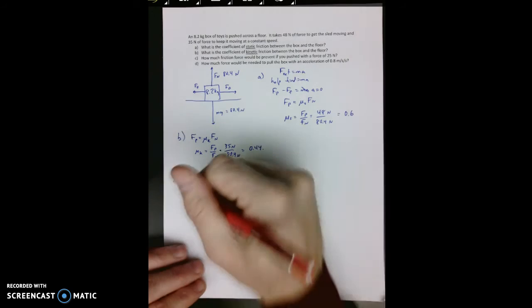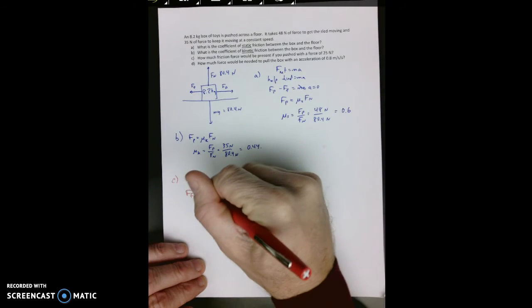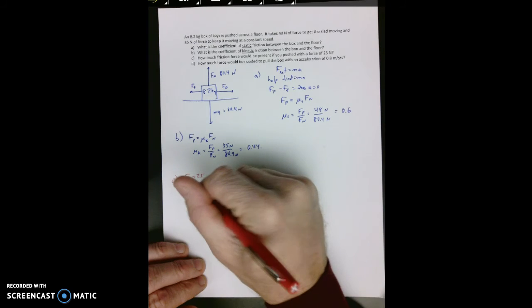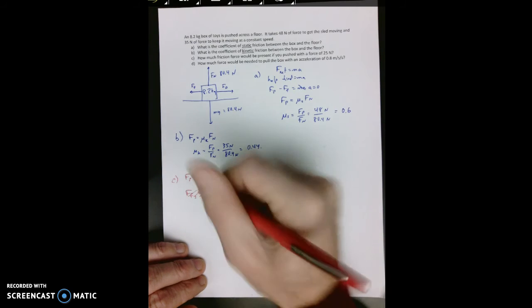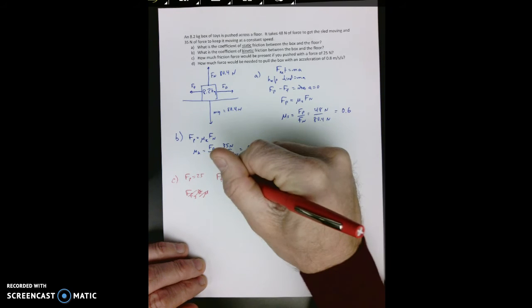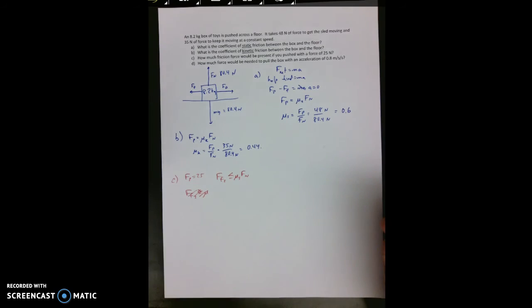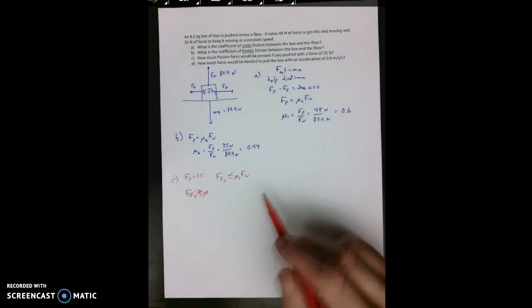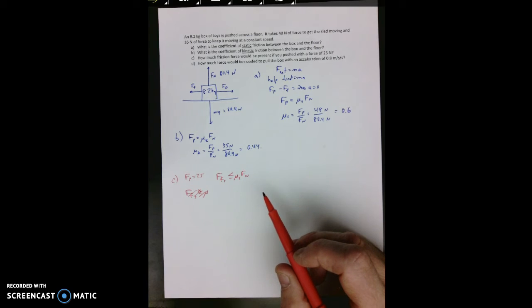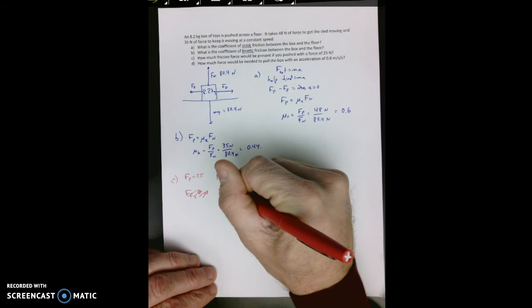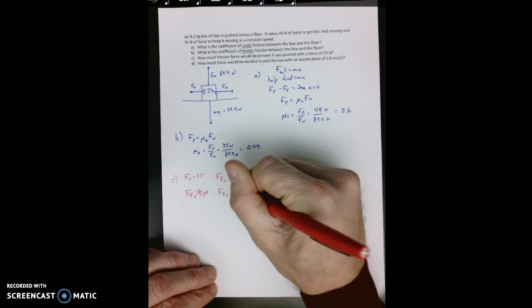The force of static friction is going to exist as a range of anywhere from 0 up to some particular number. So when I plug the coefficient of static friction in here, that gives me a maximum value of what the static friction could be.